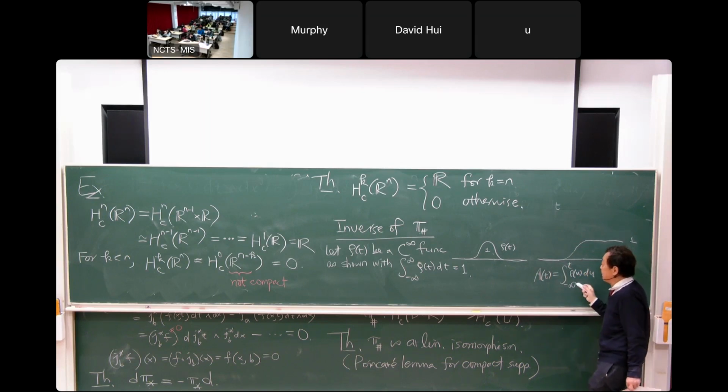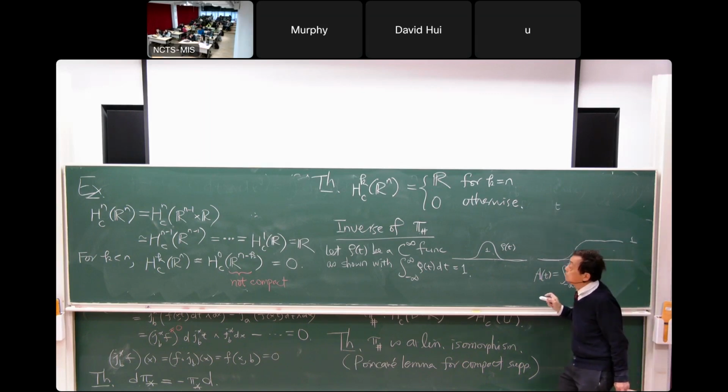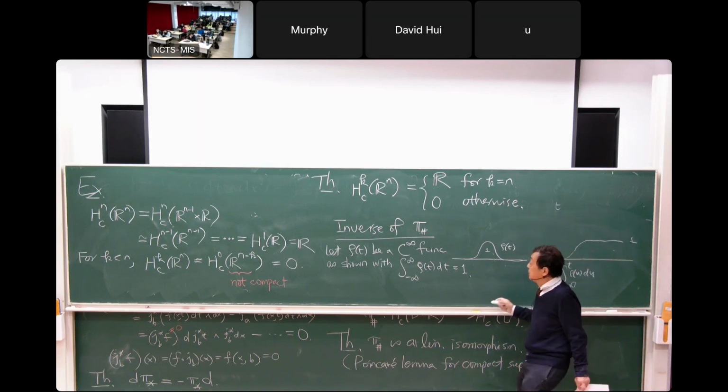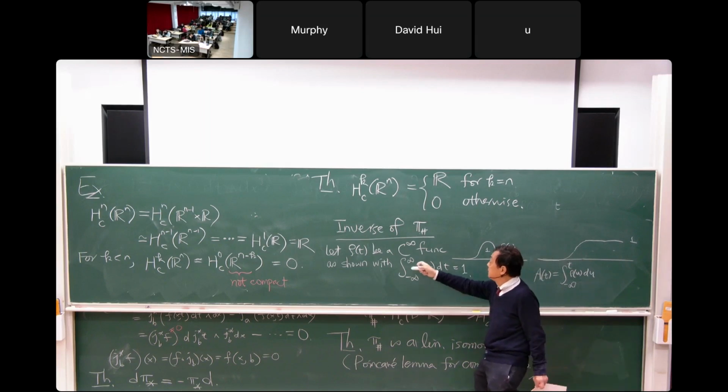That's the integral of rho of T from minus infinity to T. But from minus infinity to infinity, it will be 1.